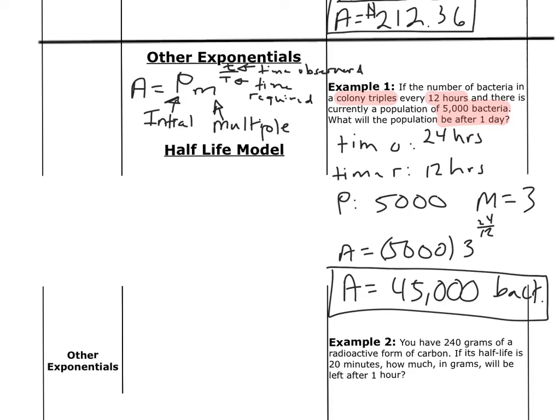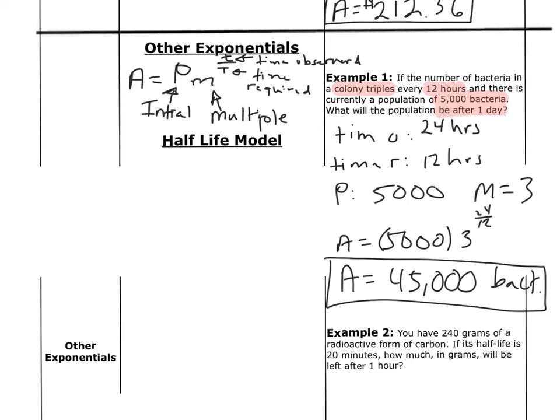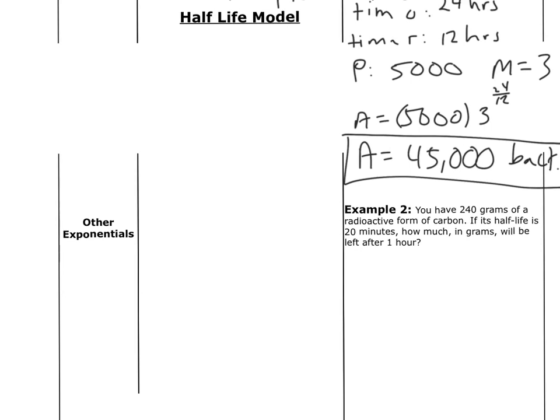Alrighty, there you go. Now, there are other things such as this half-life model, so let's scroll up for that one. When we're talking about half-lives, that's going to be A is equal to P times 1/2 raised to the little t over big T. Now, little t over big T is actually the same.